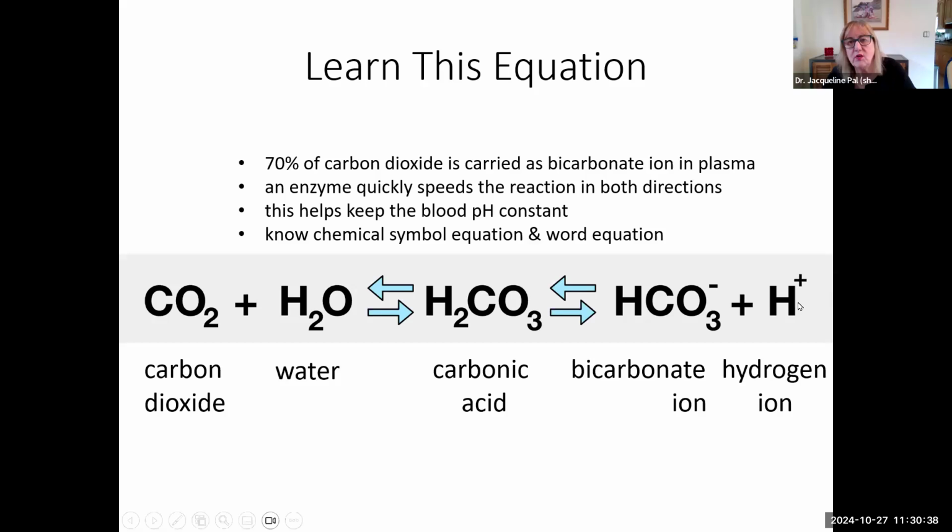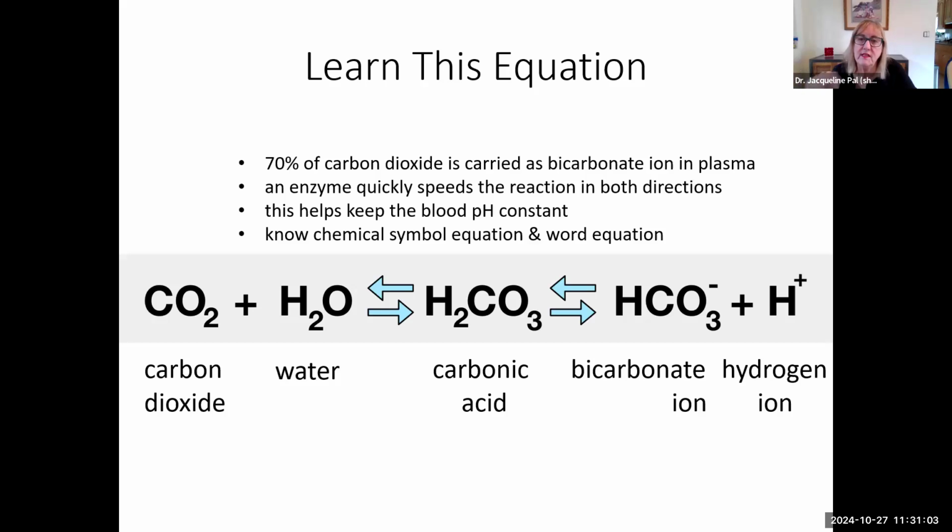So yes, this is going to break down quickly into a hydrogen ion, which is an H, and you must put the plus sign, as well as a bicarbonate ion. So now we've taken a hydrogen away. So if you take one hydrogen away, what you're left with is HCO3, and you must put the minus sign for the bicarbonate ion.